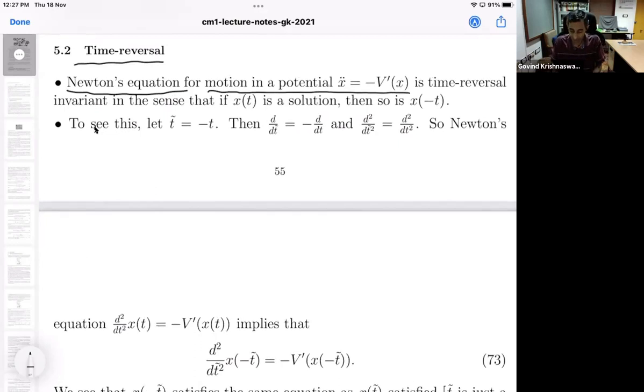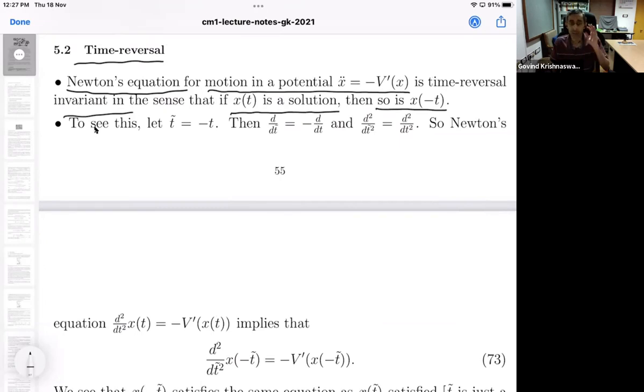What do we mean when we say this equation is time reversal invariant? What this means is that if x of t is a solution, then so is x of minus t.